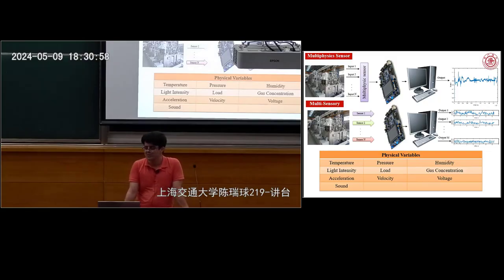In commercial markets, you can see two types of sensors. The first one is multiphysics. At the same time, this sensor can gather some variables in fluid mechanics, in solid mechanics, or acoustic signals. In other words, there are a lot of single sensors that can sense all variables separately.